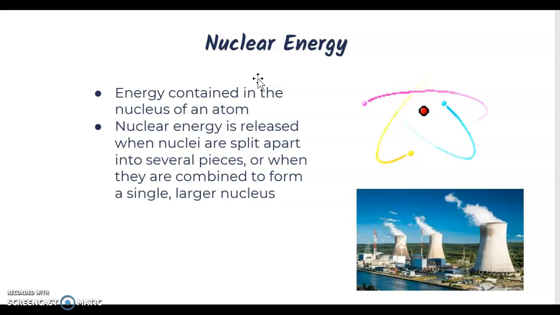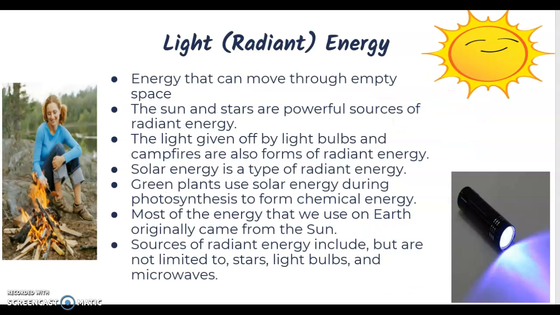Light energy, or it is often called radiant energy. Energy that can move through empty space. Why? Because the sun is the main source of radiant energy, including the stars. And the sun and the stars are in outer space.